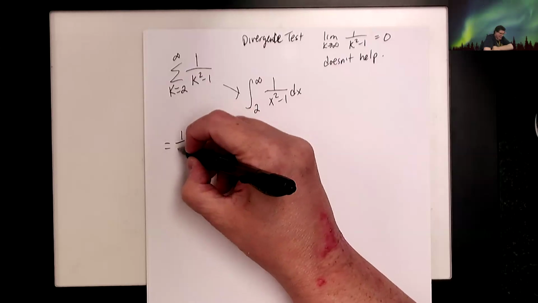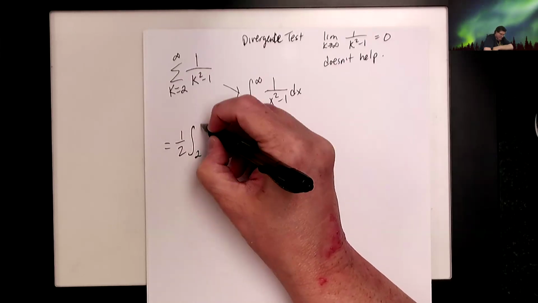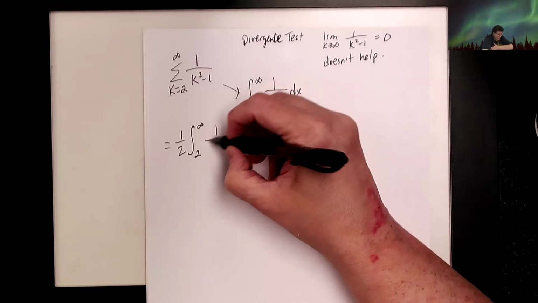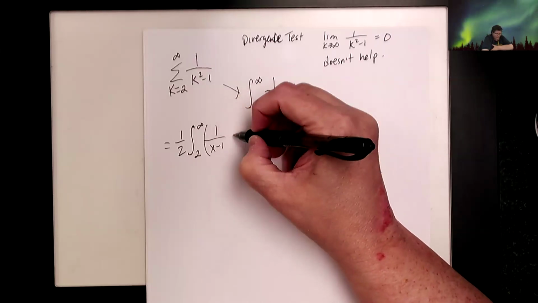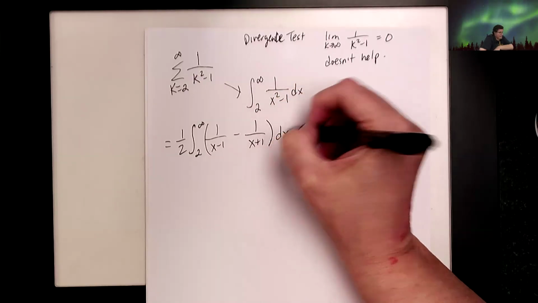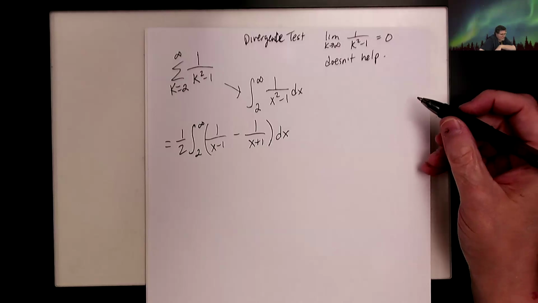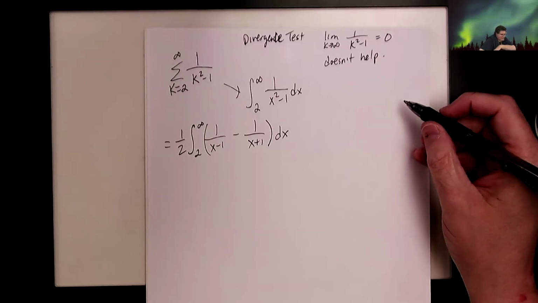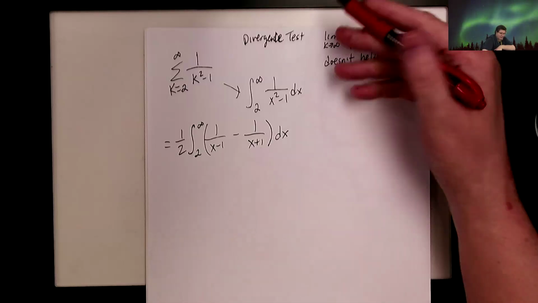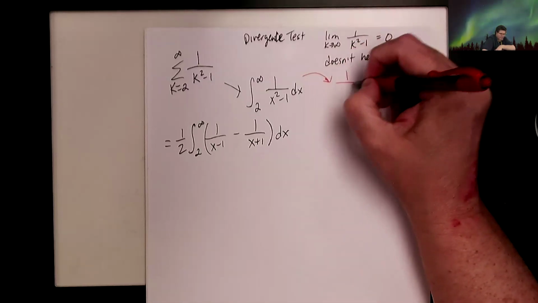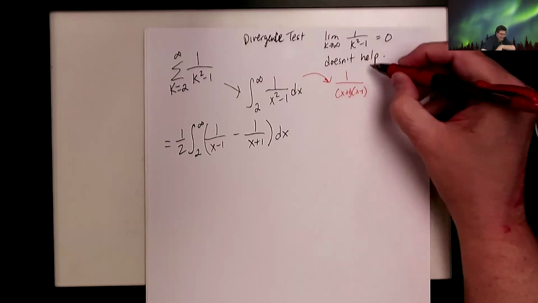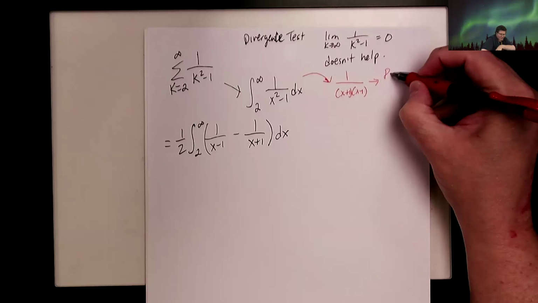This equals 1/2 times the integral from 2 to infinity of 1 over x minus 1 minus 1 over x plus 1 dx. How do I know that? What did I do here? I rewrote this as 1 over x plus 1 times x minus 1, and I did partial fraction decomposition.